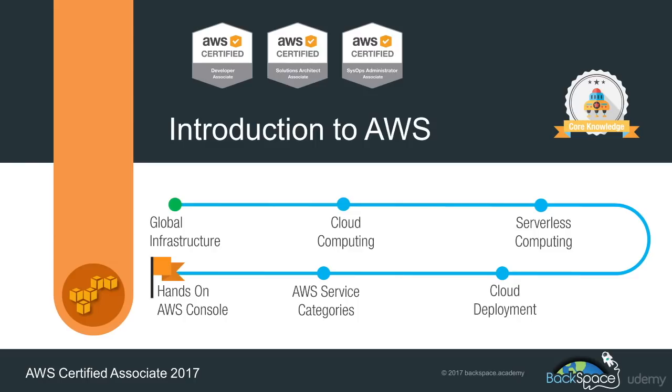Then we'll look at the different options that are available for deploying on the cloud, and we'll look at the AWS service categories. And there's a lot of them, and there is a lot of AWS services. And then finally, we'll finish up by having a little bit of a hands-on use of the AWS Management Console.